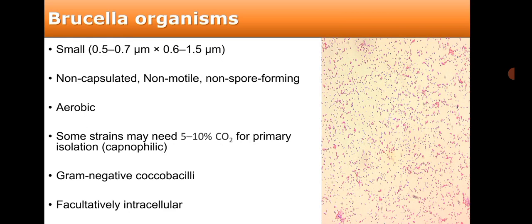Brucella organisms are small, that is 0.5 to 0.7 micrometer by 0.6 to 1.5 micrometer, non-capsulated, non-motile, non-spore forming, aerobic in nature. Some strains may need 5 to 10% CO2 for primary isolation, hence are also known as capnophilic. They are gram-negative coccobacilli and facultatively intracellular.